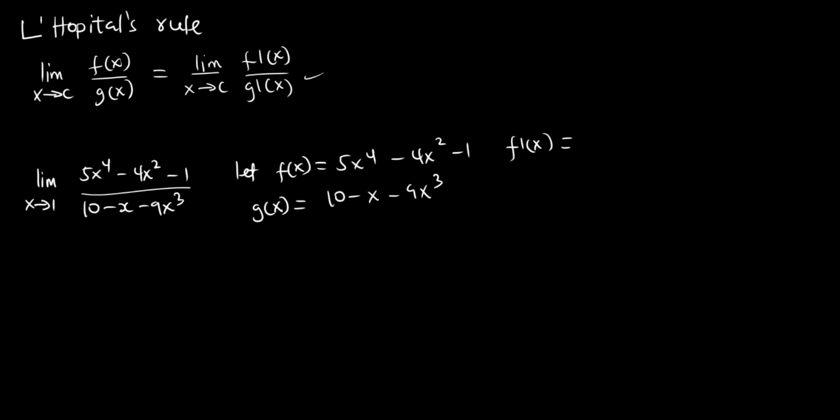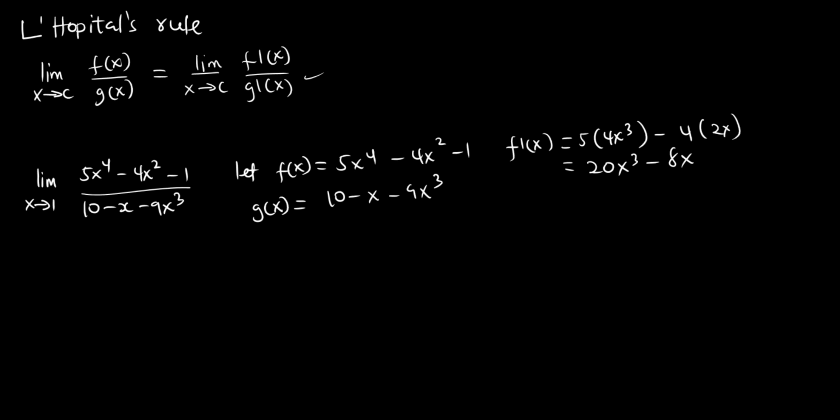For the first function f of x, you're going to have 5 multiplying 4x cubed, minus 4 multiplying 2x, and then the derivative of minus 1 is 0. So when you simplify this, you're going to have 20x cubed minus 8x. Okay, this is what we have.